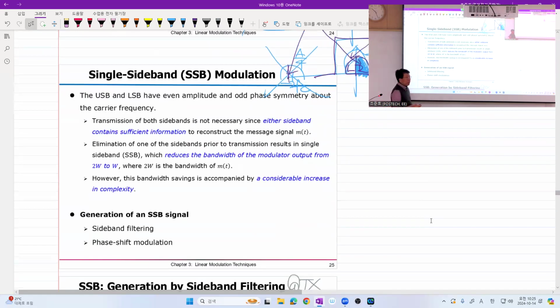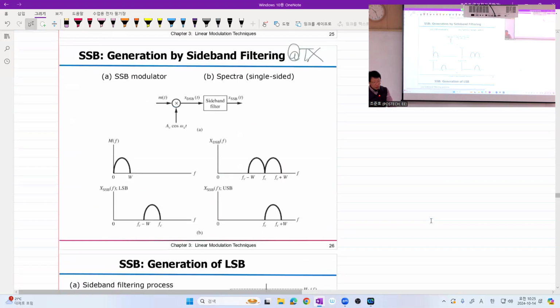So single sideband modulation, the starting point is the double sideband modulation. You want to remove either the upper sideband or the lower sideband. And what would be the simplest approach to build that system? Sideband filter, okay? If it's possible.